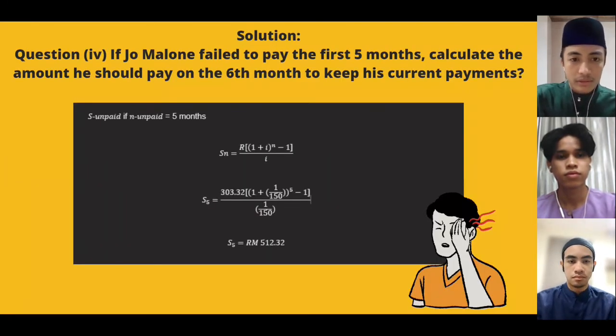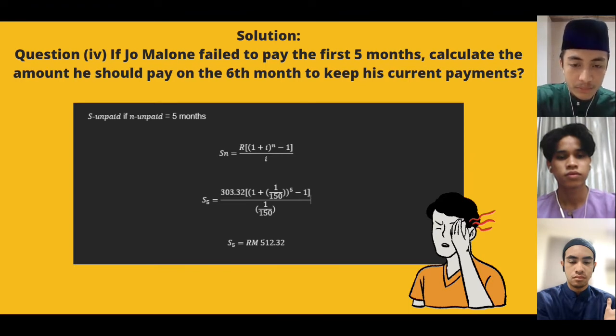The question is, if Joe Malone failed to pay the first 5 months, calculate the amount he should pay on the 6th month to keep his current payments. So here's the solution. S unpaid, if N unpaid equals 5 months. Here's the formula that we are using.